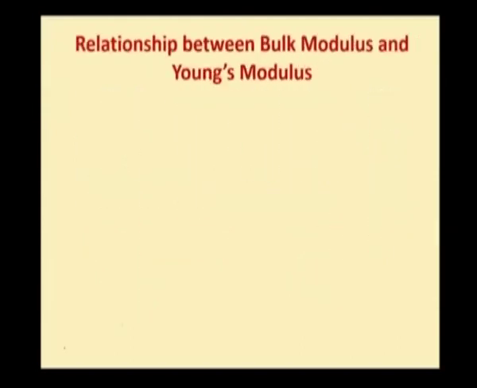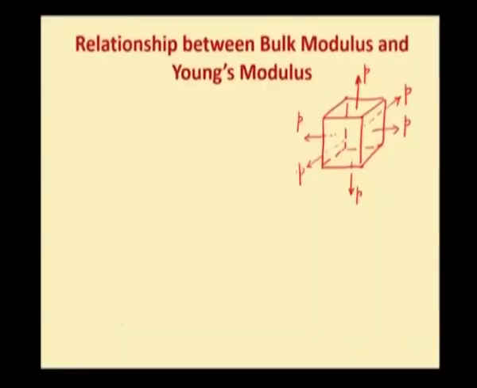Now, we shall see the relationship between bulk modulus and Young's modulus of elasticity. Once again we are going to consider the same cube. So, this cube is subjected to three mutually perpendicular tensile stresses of the same magnitude along the direction of x, y and z axis.